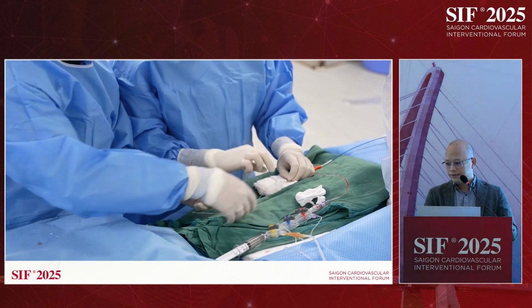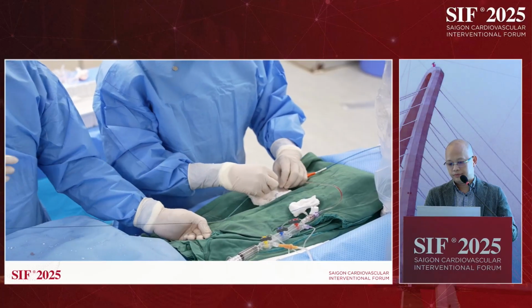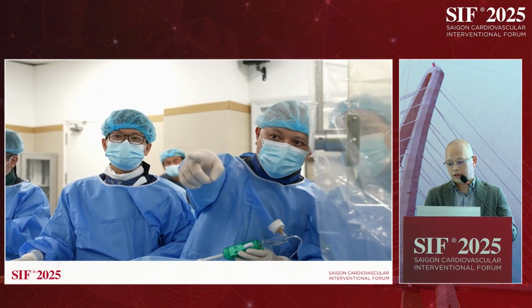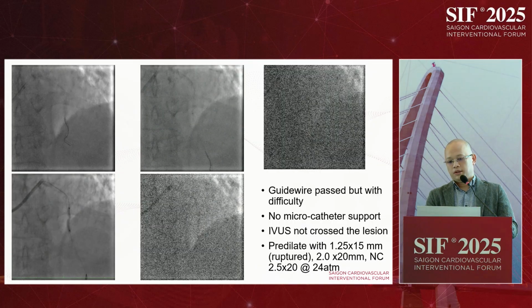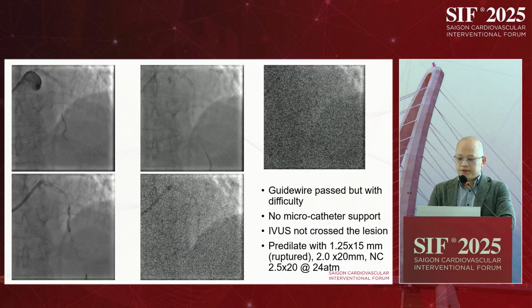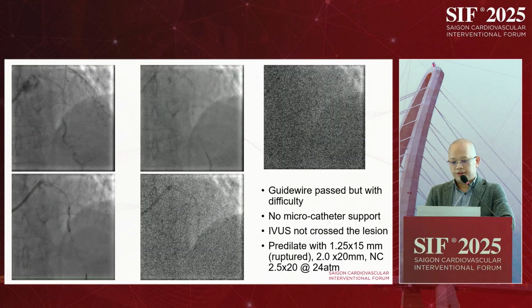This is what we have done. So we passed the guide wire, which is the Runthrough, but with a little bit of difficulty. No micro support was needed, but the IVUS catheter was not able to cross the lesion.